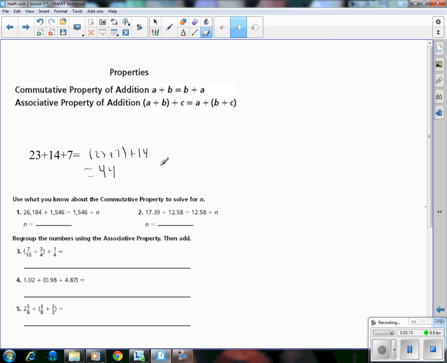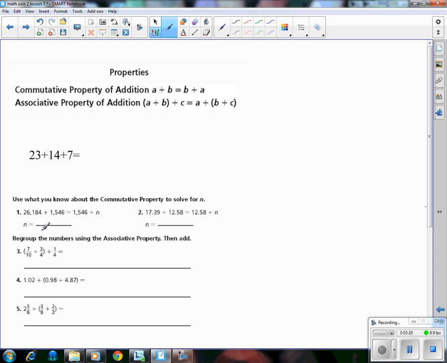So we'll work out a few sample problems here to give us a better idea of how we can use those properties to come up with strategies to solve addition with whole numbers and large whole numbers.